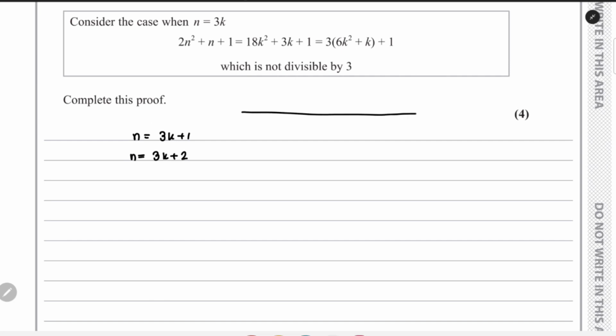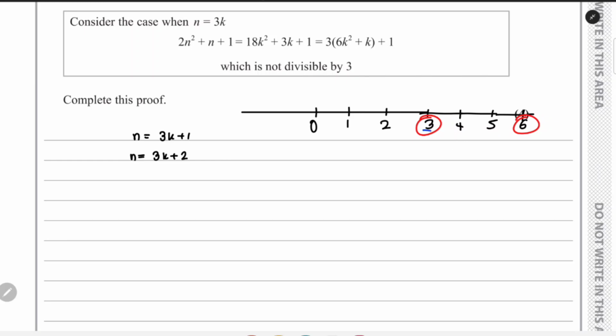So 3k, if we draw a number line, we have 0, 1, 2, 3, 4, 5 and 6. 3k basically means any multiple of 3, so it could be 3 or 6. So 3k plus 1 is 1 next to it, so 4. 3k plus 2 is 2 to the right of that value.